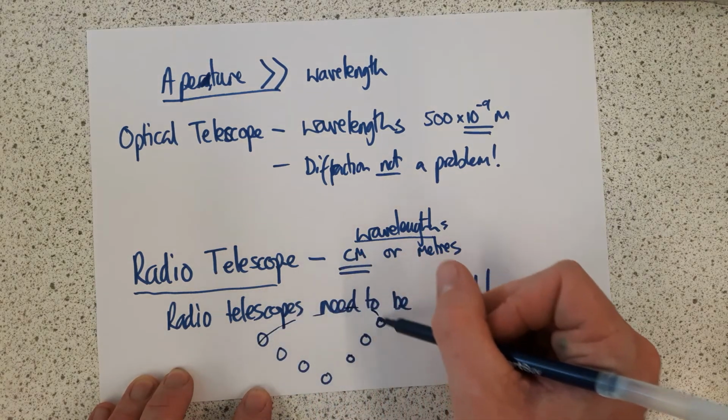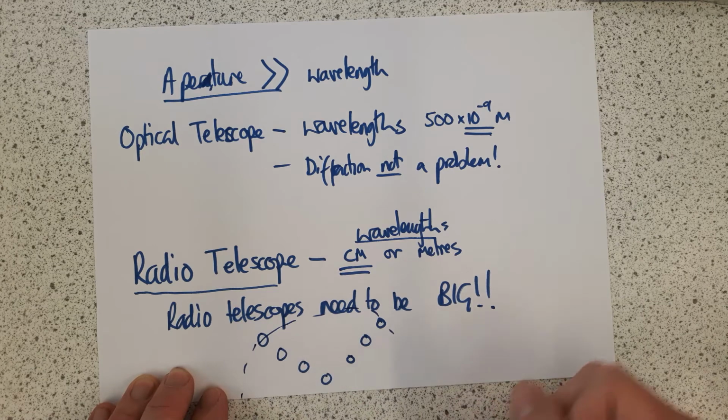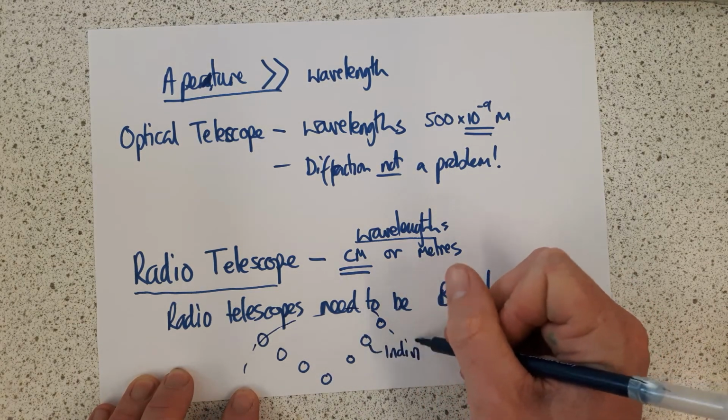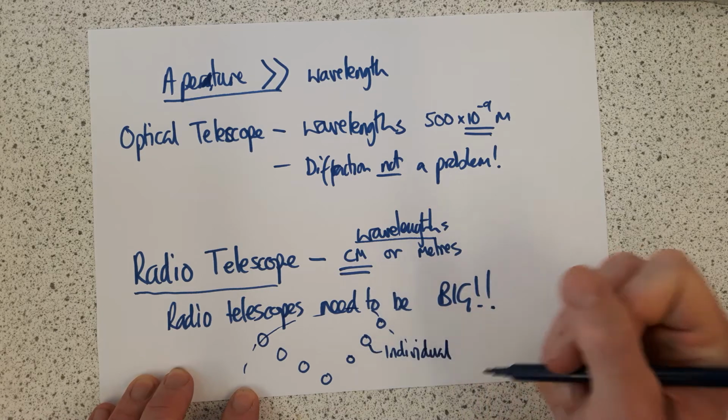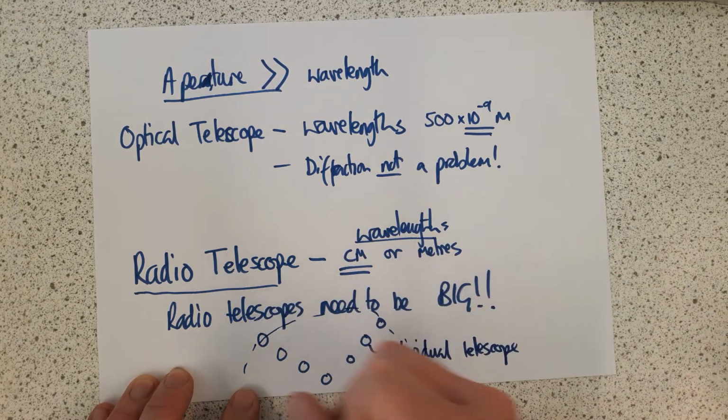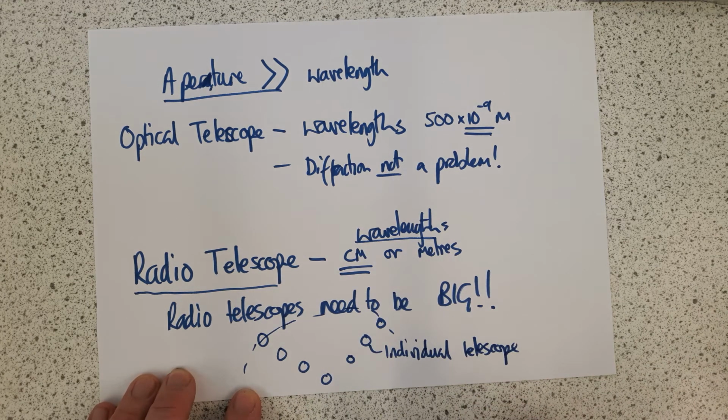Then the effective aperture of the telescope, when you combine all of those images, becomes much larger. So these are individual radio telescopes, but if you arrange them in an array, in a big pattern, then you can make sure that the effective aperture is much bigger, and therefore you avoid diffraction.